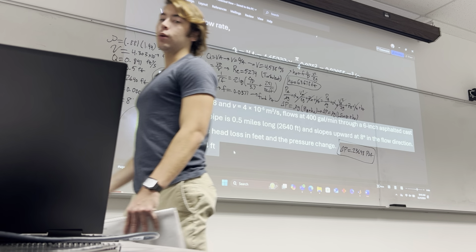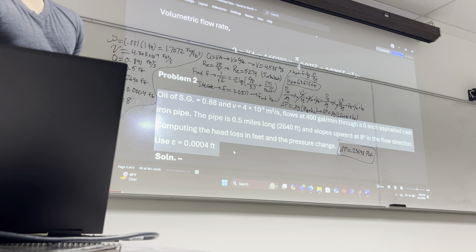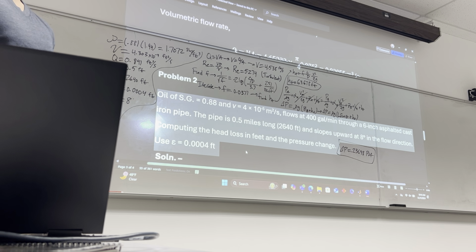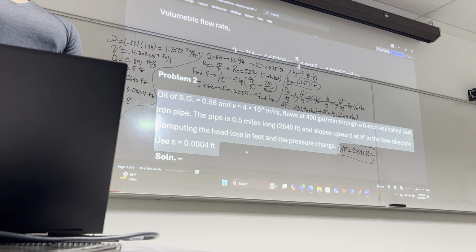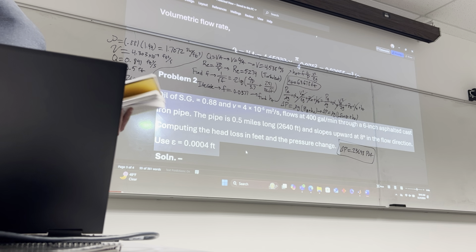Cool. So yeah, that one's way quicker. You could find a velocity straight up, and so it makes your life a lot easier. Like I said, a lot of these problems are just find a number, plug it into an equation, use a different number from that equation, plug it into another equation, and you just keep going. Just gotta do a bunch of math.